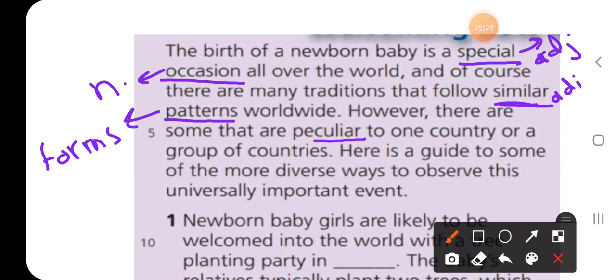Peculiar. Peculiar means what? خاص أو ينتمي لشخص معين أو لدولة معينة. Peculiar has a meaning that you can find in the glossary. تفتح على glossary في آخر الورك بوك يا مس أو الأكتيفيتي بوك سوري. أوكي. بالمعاني الموجودة عندك في الأكتيفيتي بوك you'll find the meaning of peculiar.